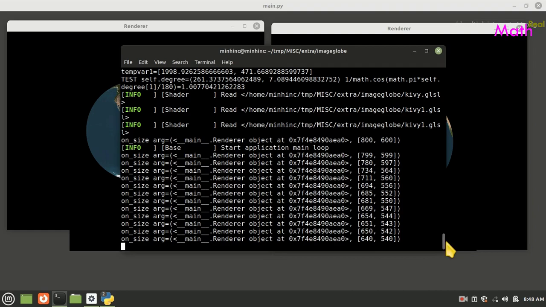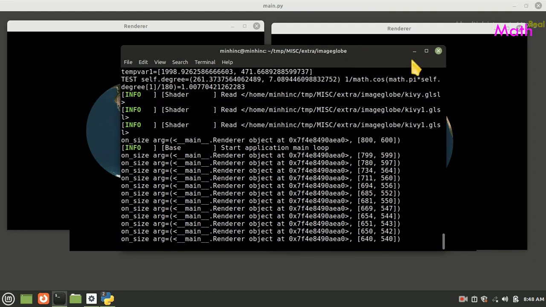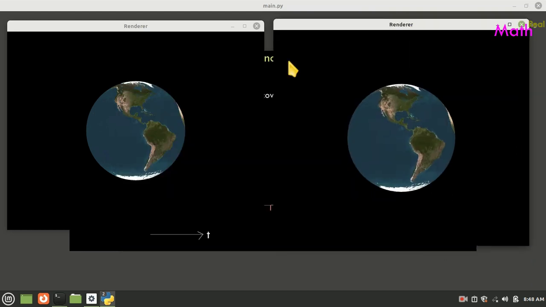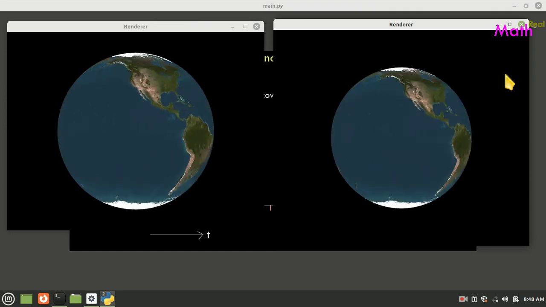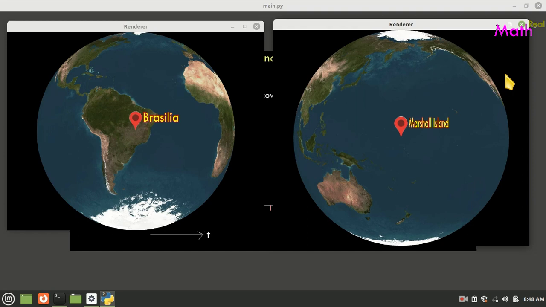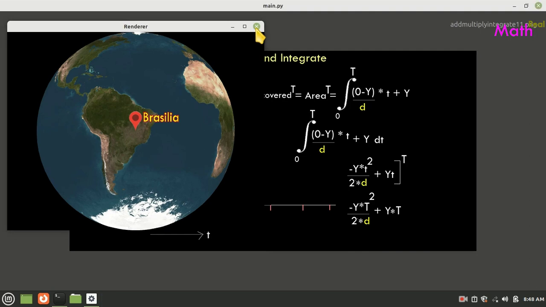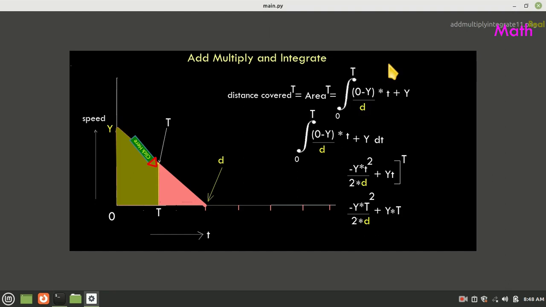So the right hand side is Marshall Island, this is the new one, and the left is this. Okay. So I'll click on both. In the same time both are being achieved. We clicked with a little delay, but this would be less speed, this would be high speed at the beginning.